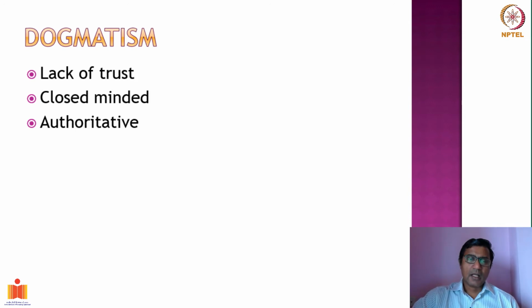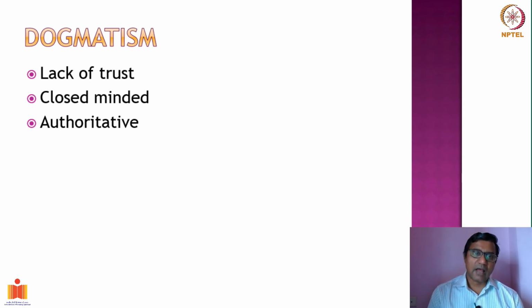Okay. There are also other scales or personality qualities which are very relevant in the work context. One interesting personality quality measured in the work context is dogmatism. Again, this is a personality trait.